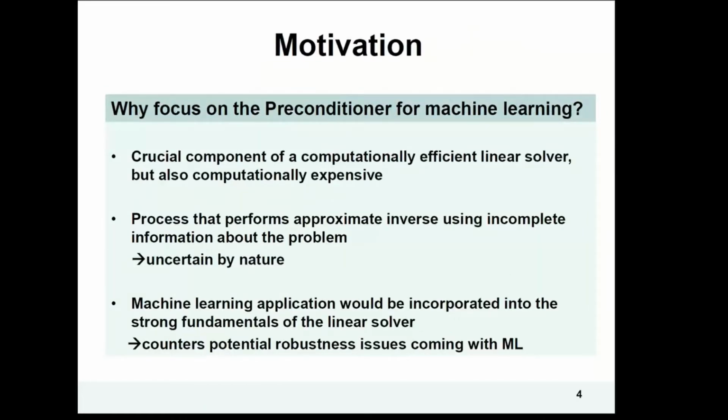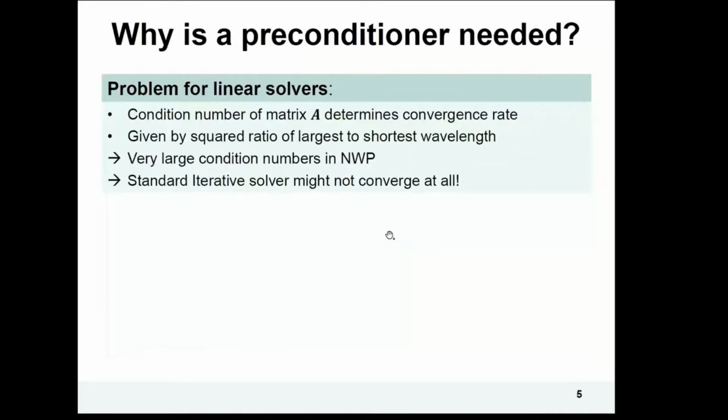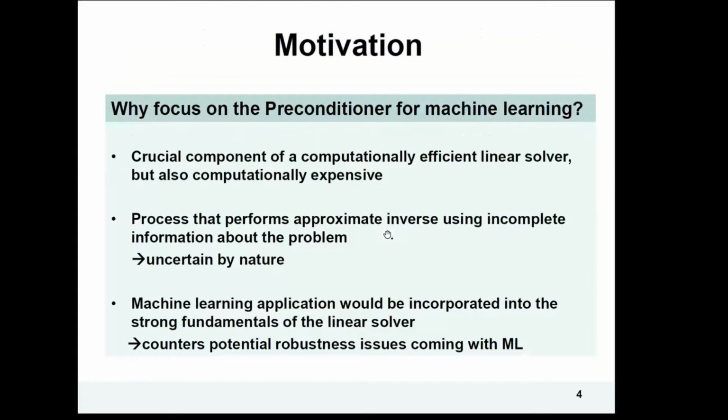And the motivation for doing machine learned preconditioners is basically that the preconditioner is one of the crucial parts of a computationally efficient linear solver. But at the same time, it's also quite an expensive part of the solver. And the preconditioner is doing an approximate inverse using incomplete information about the problem.